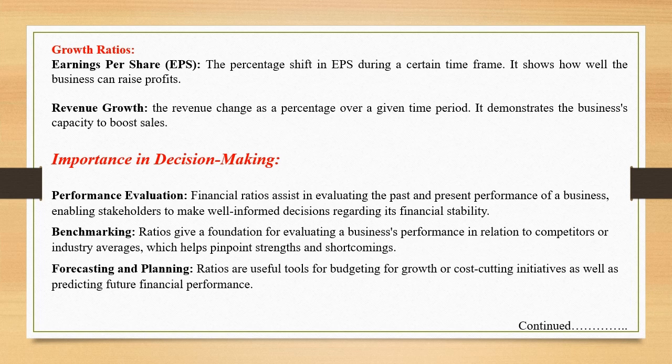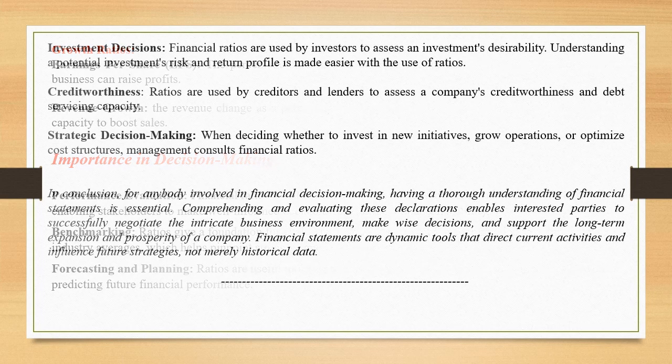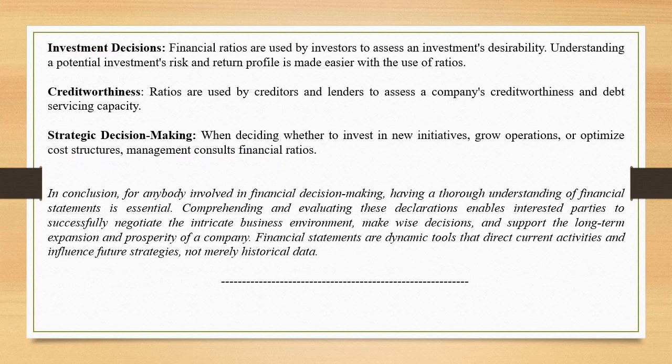Understanding a potential investment's risk and return profile is made easier with the use of ratios. Creditworthiness. Ratios are used by creditors and lenders to assess a company's creditworthiness and debt servicing capacity. Strategic decision-making. When deciding whether to invest in new initiatives, grow operations, or optimize cost structures, management consults financial ratios.